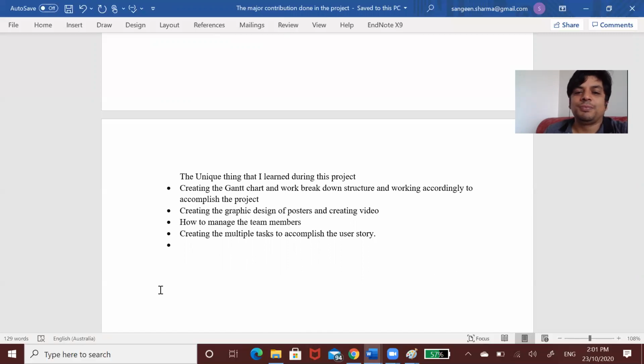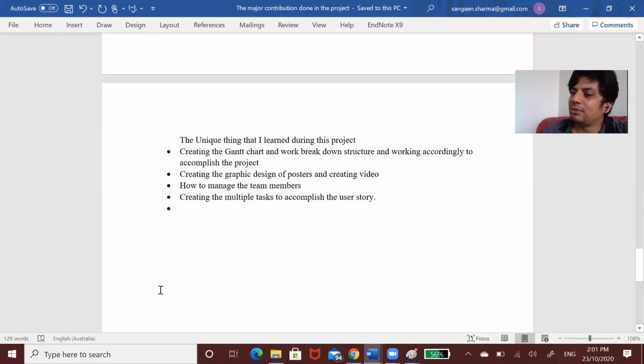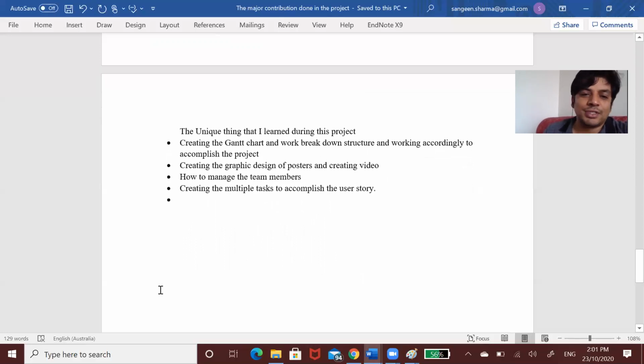During this project, I created them, and they really helped us to accomplish the work, because with the work breakdown structure and Gantt chart, we divide the work into different segments and complete it segment by segment. That really helps. And creating the graphical design of the poster and creating the video, as I already told, is the unique thing that I did for the first time.